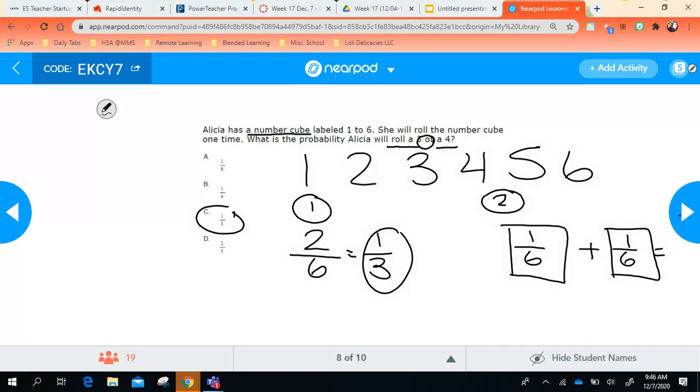When I add, because the bottom number is a common denominator, 1 plus 1 is 2 over 6, and I simplify it, and it's 1/3. So that's just another way to do the same problem. I personally like to do it this way, but some people like the second way. That's up to you.